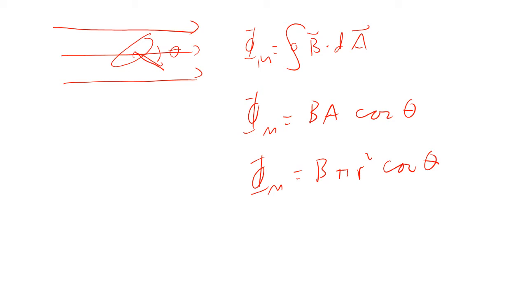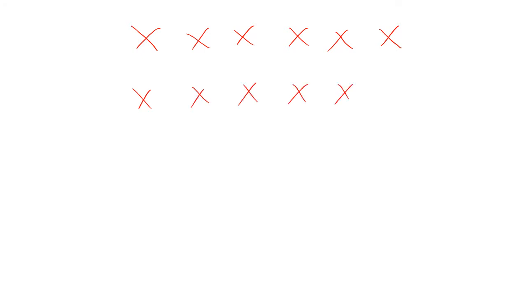Okay, so how do we use that? Well, let's consider a case in which we have a magnetic field into the board, or into the page here, into the screen.